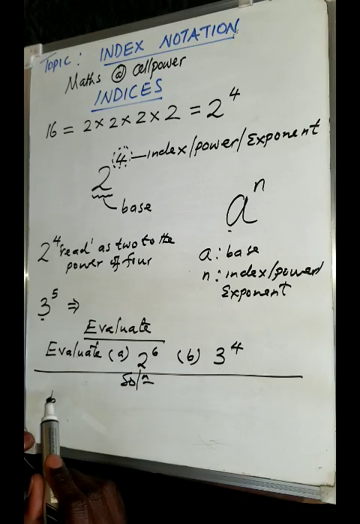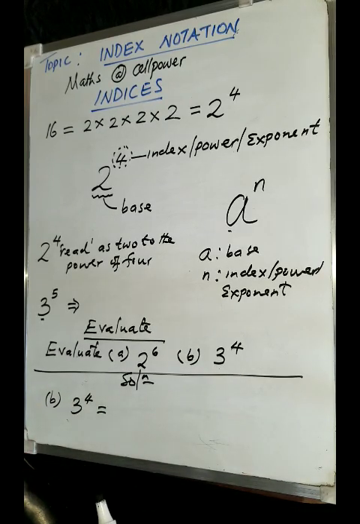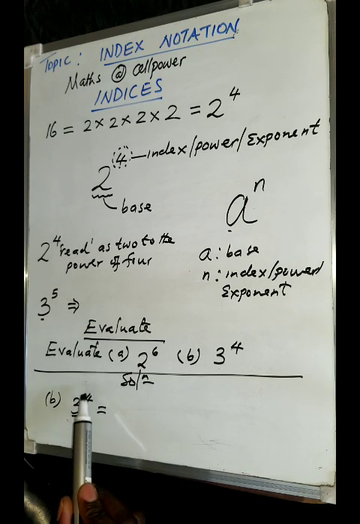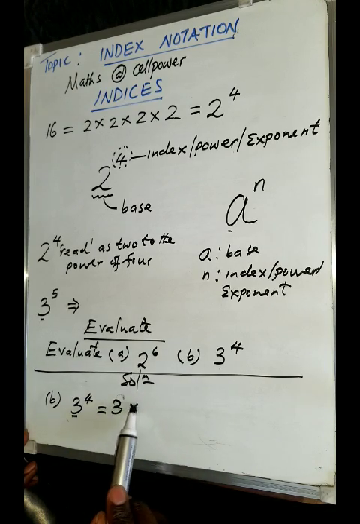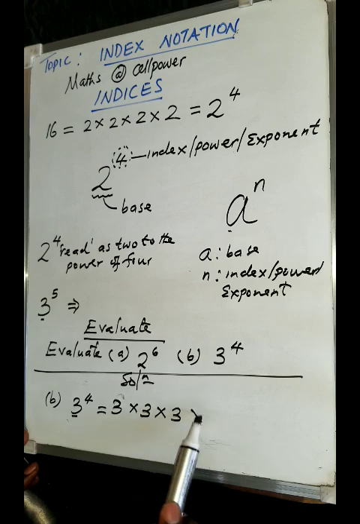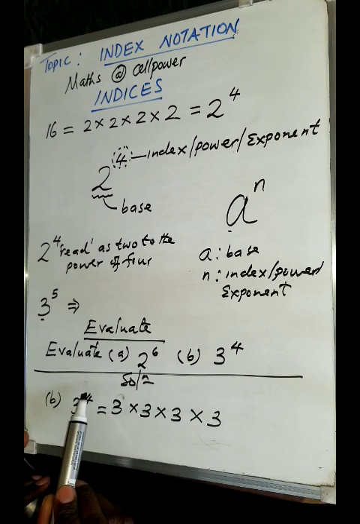B says 3 raised to the power 4. What does that mean? It simply means the 3 needs to be multiplied 4 times. So it is going to be 3 multiplied by 3 times 3 times 3. You multiply the base 4 times.